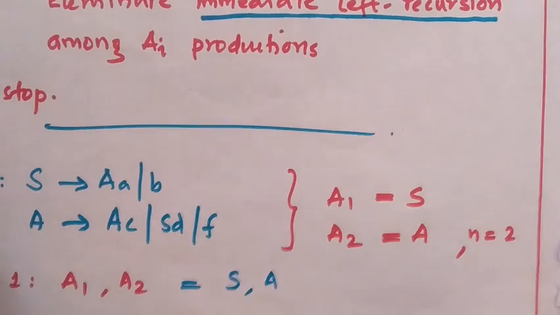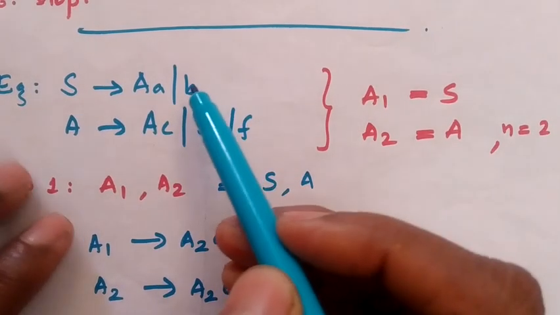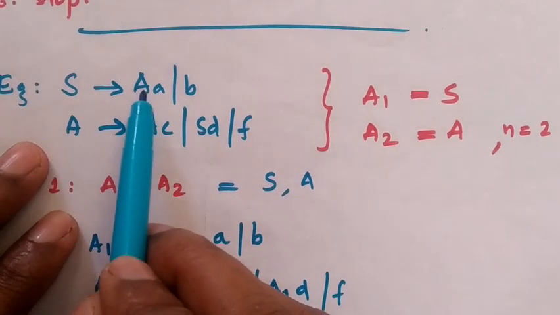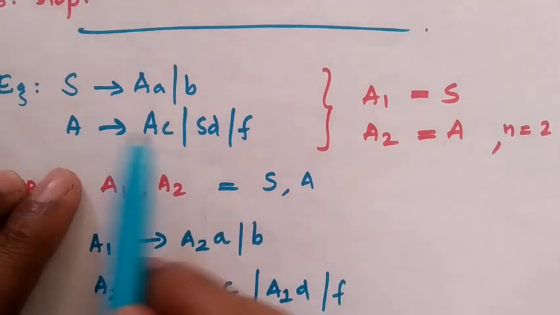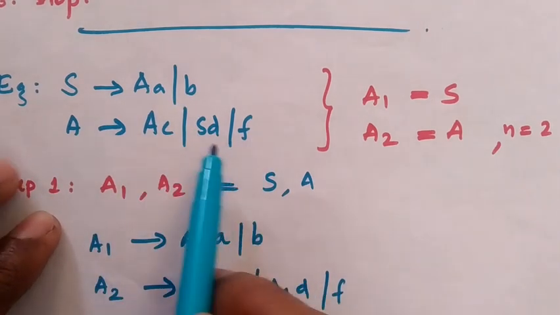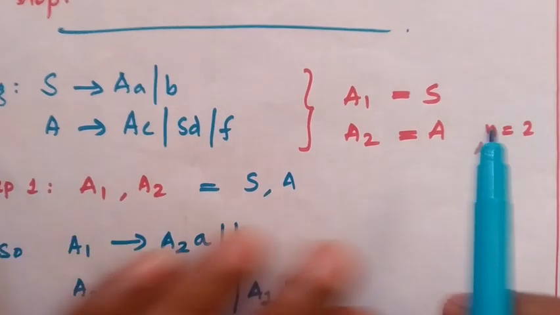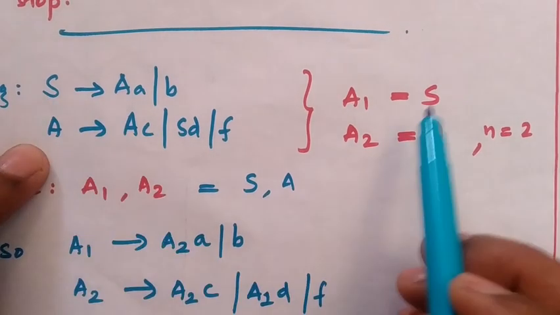For example, see this is the grammar that we have used for defining left recursion. S gives A or B, A gives AC or ST or F. These are the productions present in the grammar, where we know that capital S and capital A are the two non-terminals.